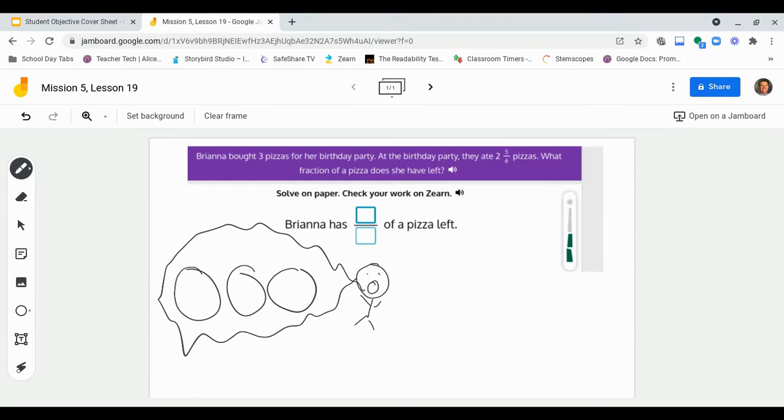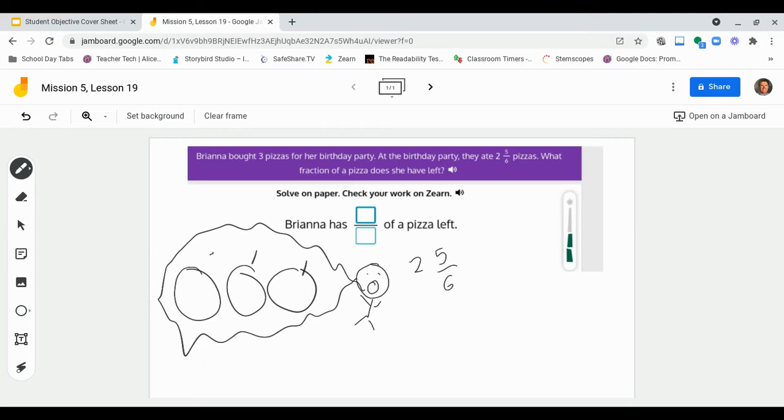How much did they eat? They ate 2 5/6 of them. Oh, that's not right. I didn't write that right. 2 5/6, like this, of those pizzas. And it wants to know, how many pizzas do I have left out of these 3 pizzas? If some people, and I know it just wasn't one dude, but I just drew one dude here, ate 2 5/6 of those. So I started with 3, and then I took away 2 5/6.